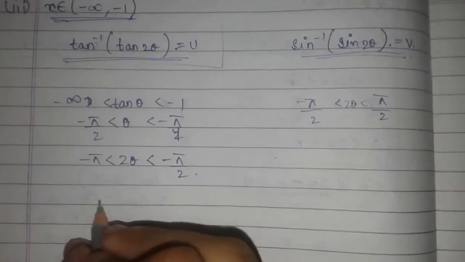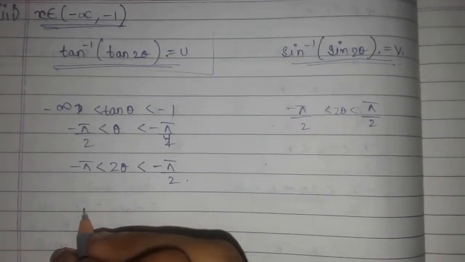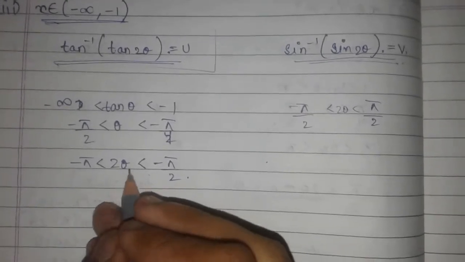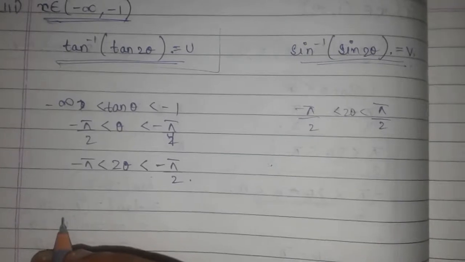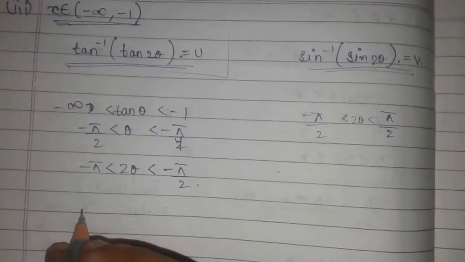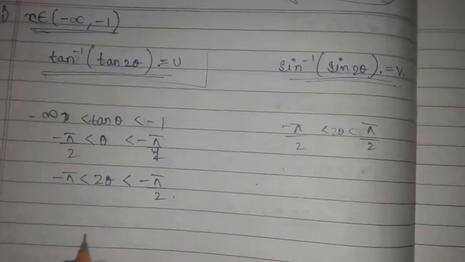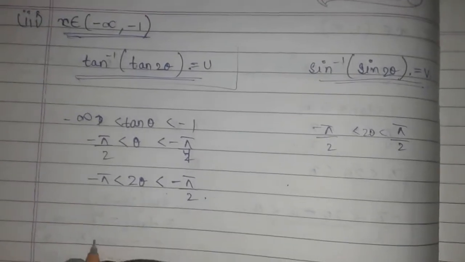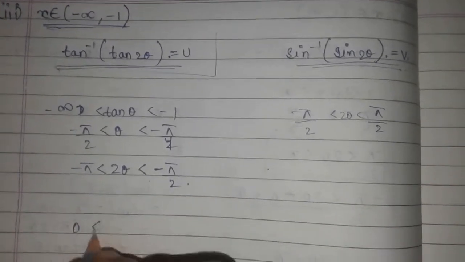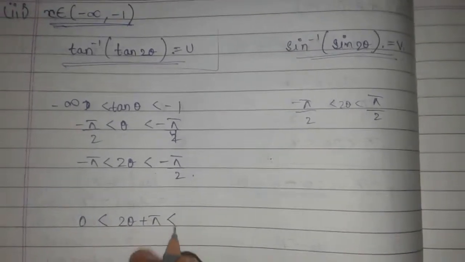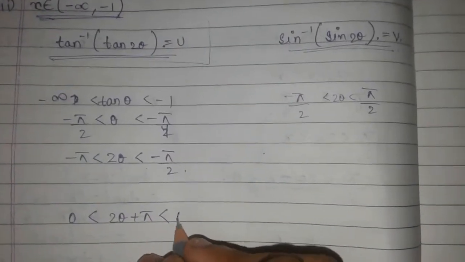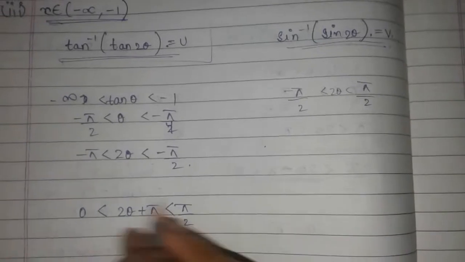We can use pi in different forms, we can add pi or subtract pi, and we'll check which one doesn't cause a change in the magnitude. So if we add a pi, this changes to 0, this changes to 2 theta plus pi, and this changes to pi minus pi by 2, which is equal to pi by 2. This 0 to pi by 2 is a subset of minus pi by 2 to pi by 2.